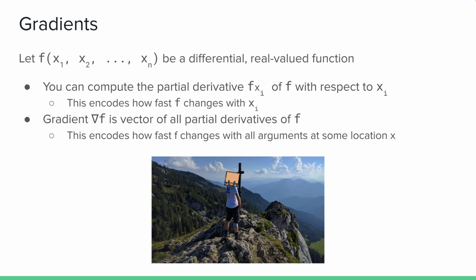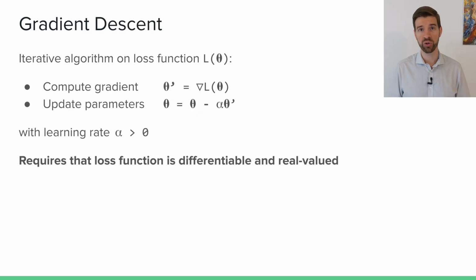So it says how fast f changes with all arguments at the same location. Now, if we know how the function changes with respect to all arguments at the same moment, we can compute the gradient as the first step to know where to go.